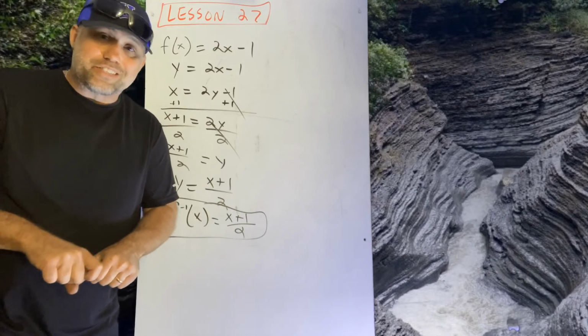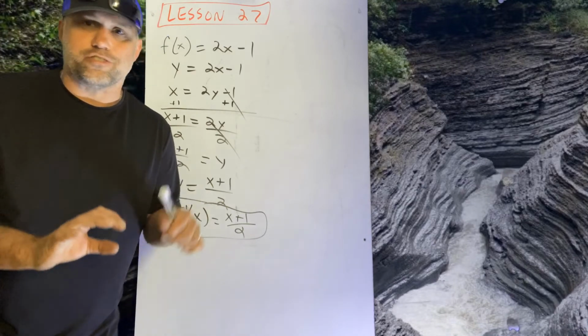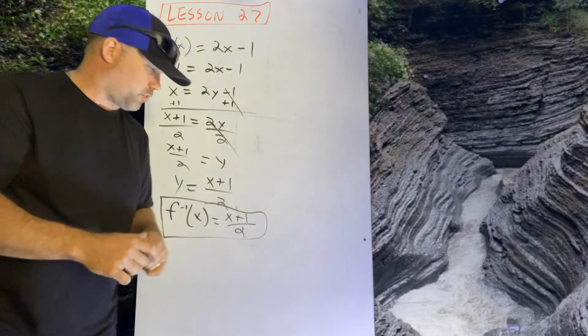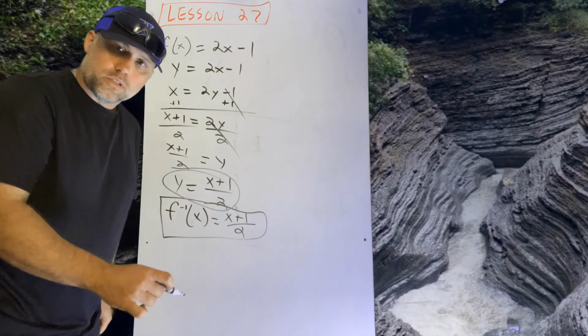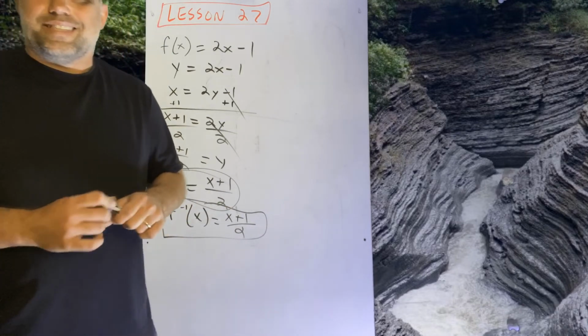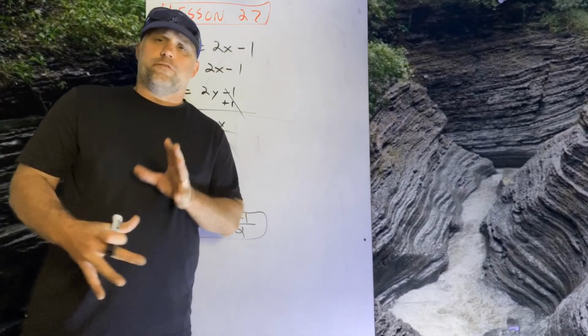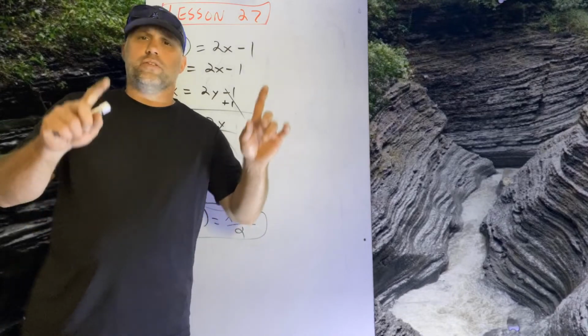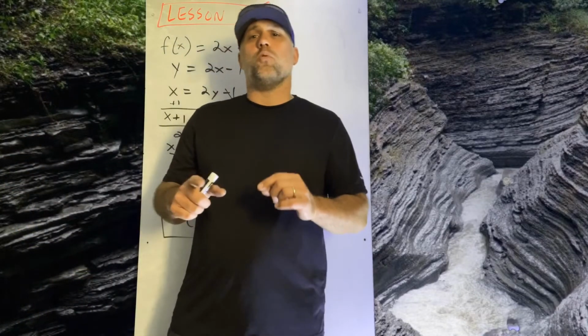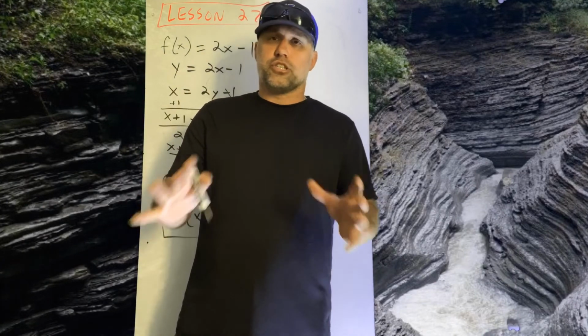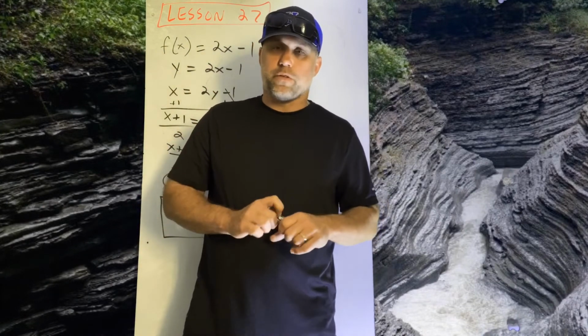If the original equation is not in function notation, it's just y equals like our other ones were, you can stop right here. This would be good. All right? So that's it. That's just the basic idea of finding a function's inverse. Switch the x's and y's, solve for y, get y by itself, and you're good. And that's how you find a function's inverse.